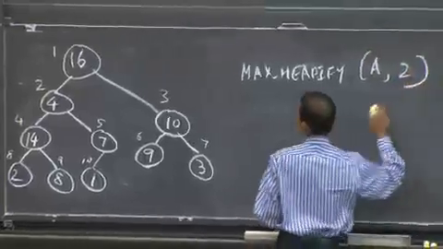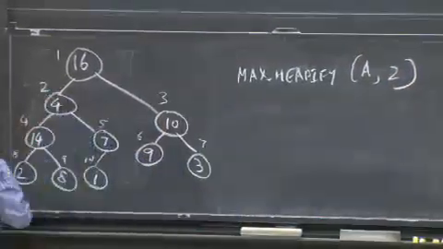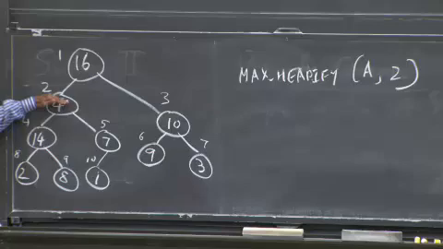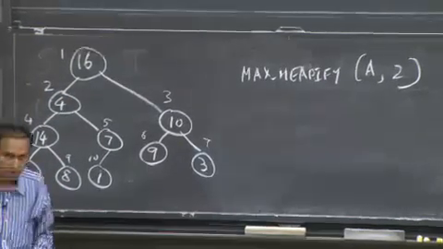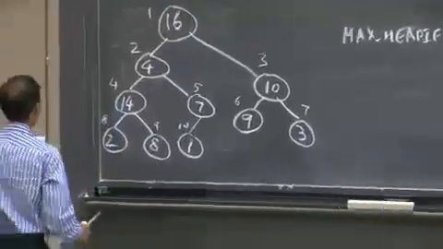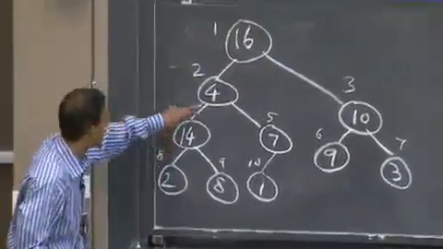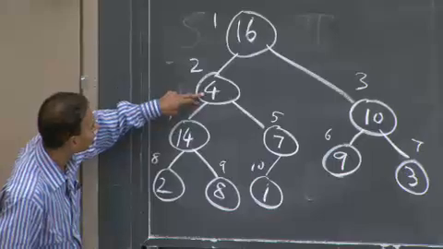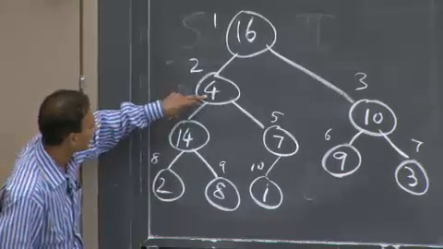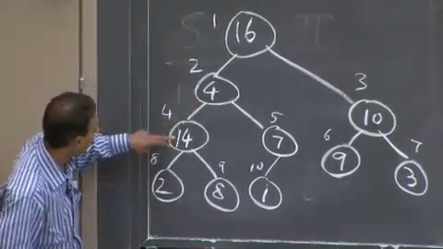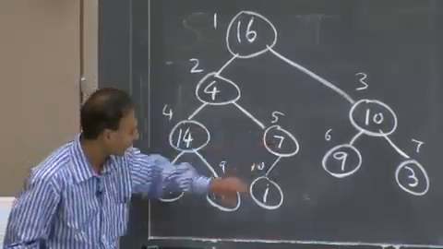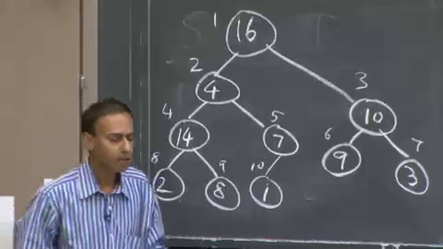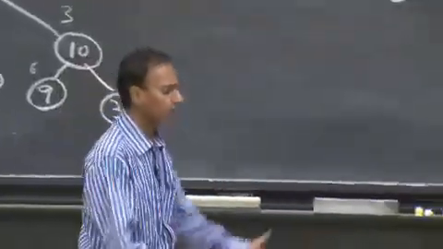A, 2, this is index 2, and all you have to do is look at this subtree, and what you need to be satisfied in order to run max heapify is that the subtrees of node index 2, which is this 4 node, are max heaps. And if you go look below, you see that this is a max heap and that's a max heap. Okay? Most of the time, by the way, you'll be working bottom up.